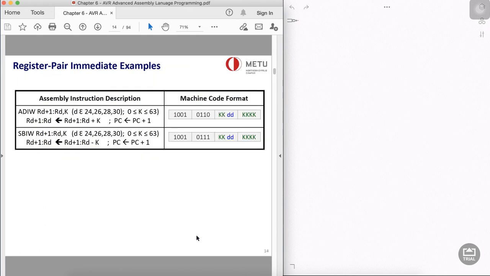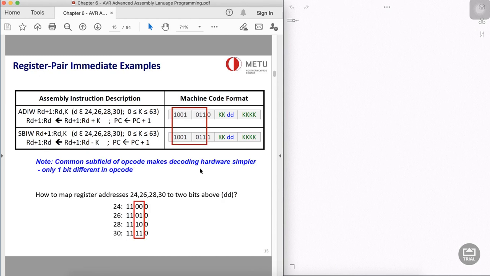And if we look at the machine code, over here, as you can see, it starts with 1001, 011, 011. Only the last bits are changing between add and subtract immediate words: the constant and the destination part. So the DD, as you can see, 24 is 00, and 25 is going to be the pair of that. 26 is 01, 28 is 10, and 30 is 11.